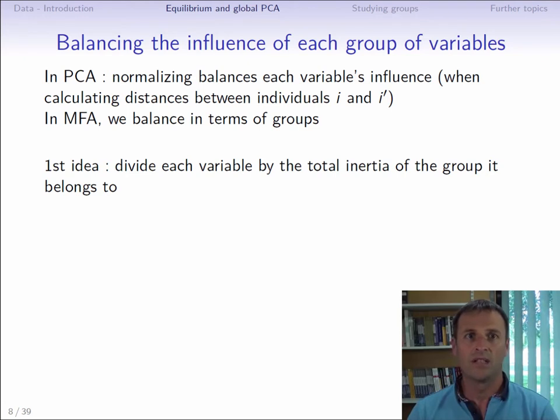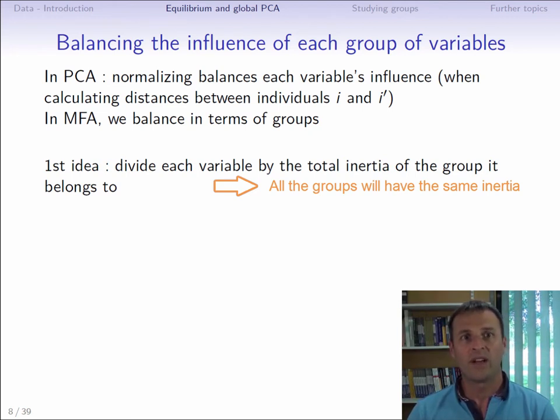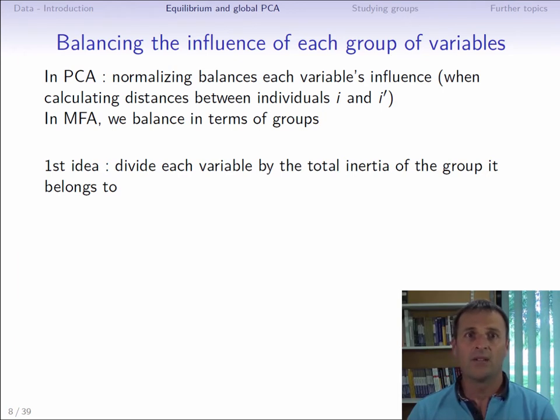To do this, it's sufficient to weight each variable by the total inertia of the group to which it belongs. With such a weighting, if two groups don't have the same number of variables, the group with fewer variables will have the same influence as the group with more. From this point of view, balance is attained. However, this weighting doesn't take into account the method used here, factor analysis.